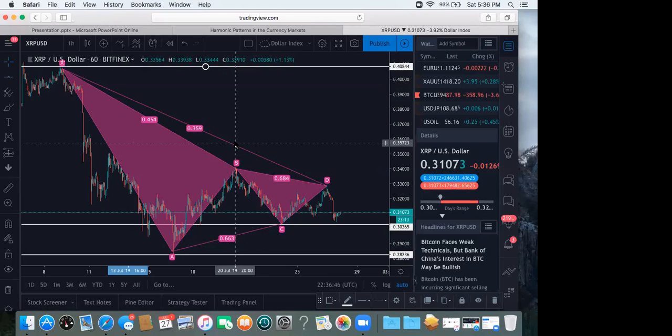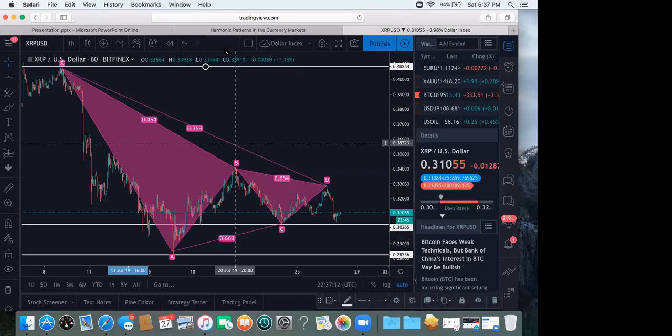So with this pattern, what do you see? What pattern do you see that we have all covered? Yes, you see a crab and it is ready for its sell.